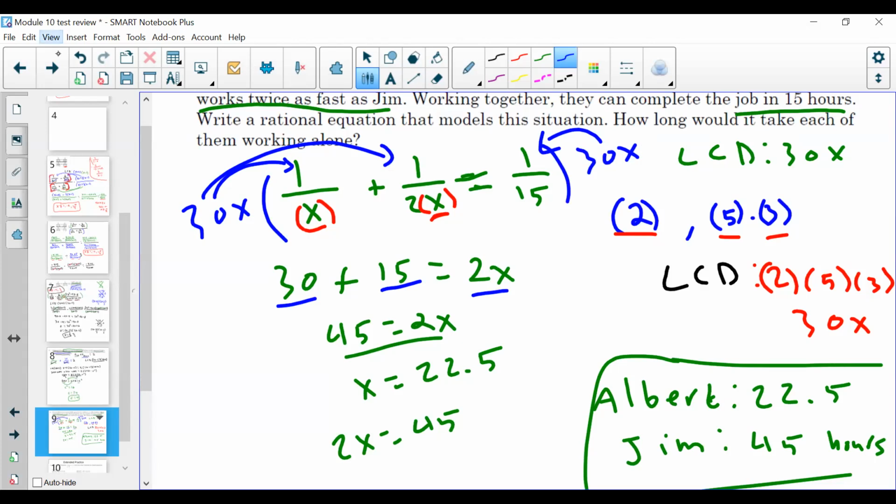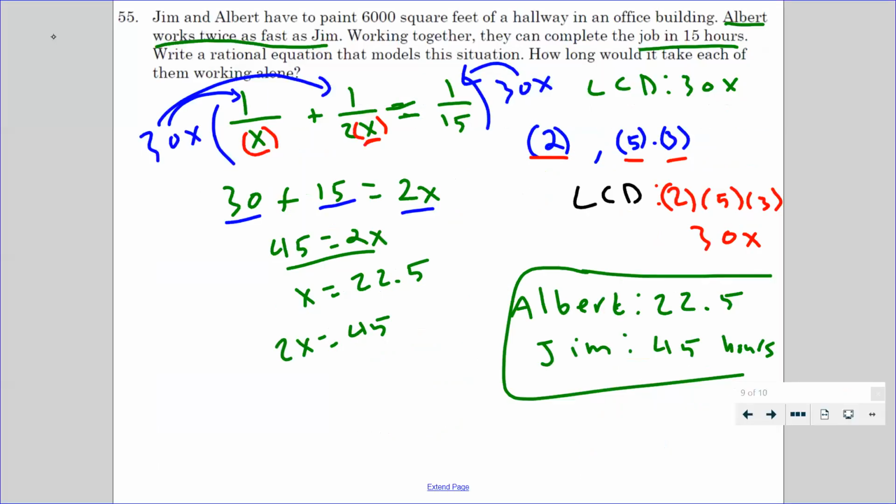Perfect. Tanish, go ahead. How does the 6,000 work into the answer? Does 6,000 have anything to do with this? Yes and no. If you do the word problems today in class, you can see that what you set your top part of 1 to be is really up to you. In this case, I said 1 unit of work is painting 6,000 square feet of hallway.